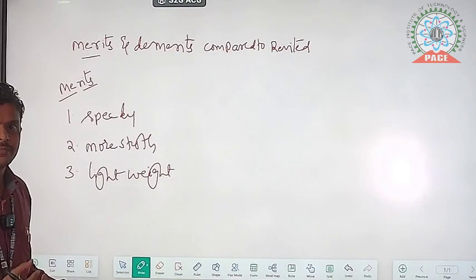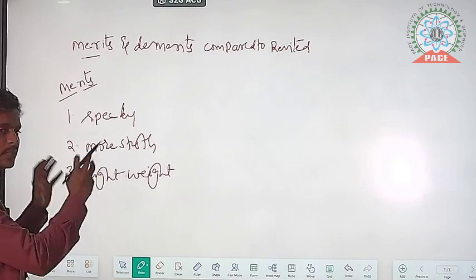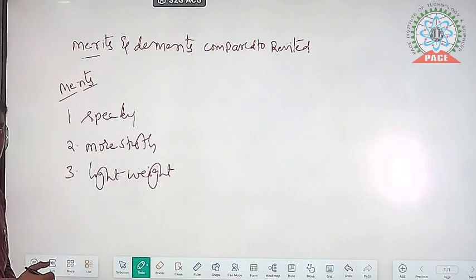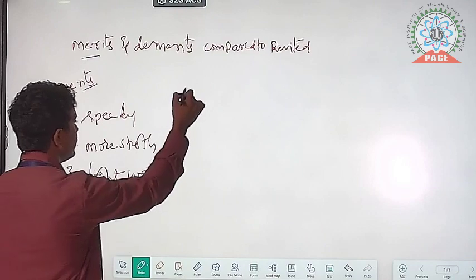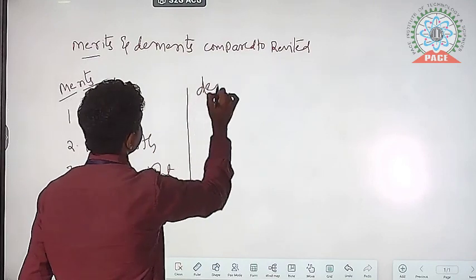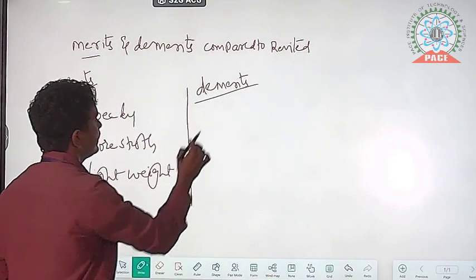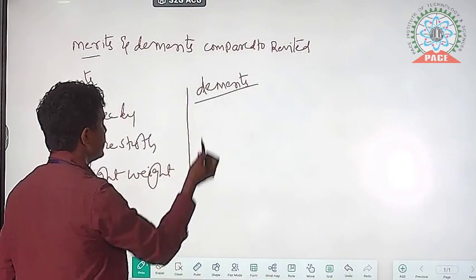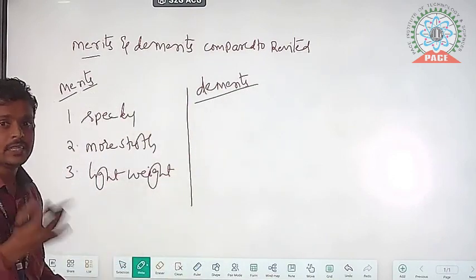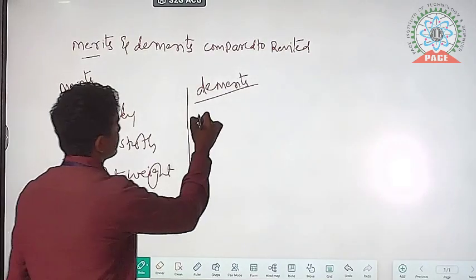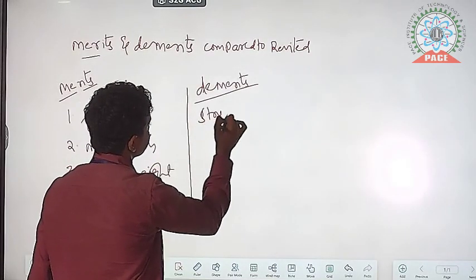If we look at the demerits when compared to riveting, the total structure weight may increase. Structure weight is high. Why? Because for example, if you use riveting, we again need some elements.